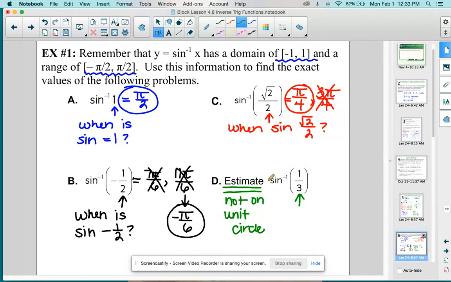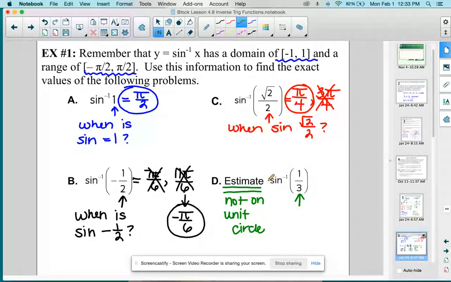So these little TI calculators work just fine. On your calculator, first thing, you're going to go to the very top row of buttons, and you're going to hit DRG. And you want to make sure your calculator is in radians. So you're going to have to go over to the middle option and make sure radians is underlined, okay? Once that is done, then you can go find your inverse sine button.